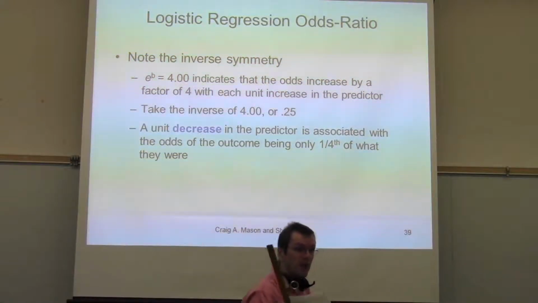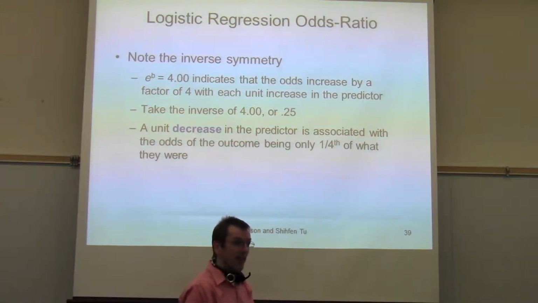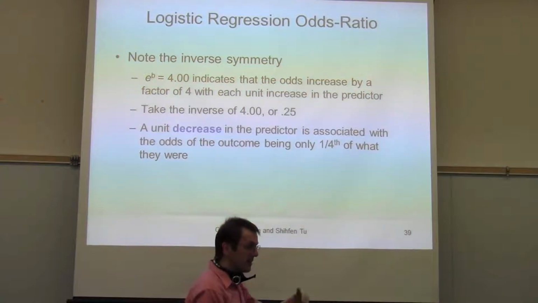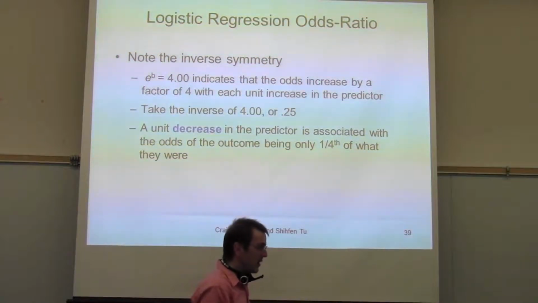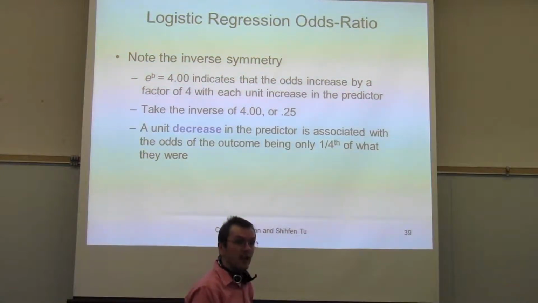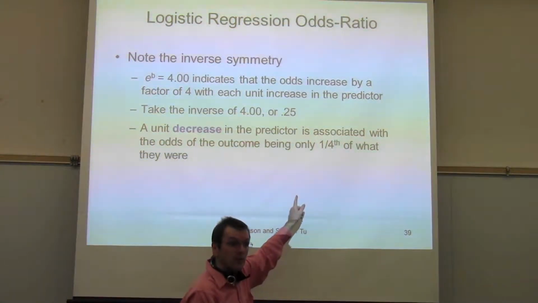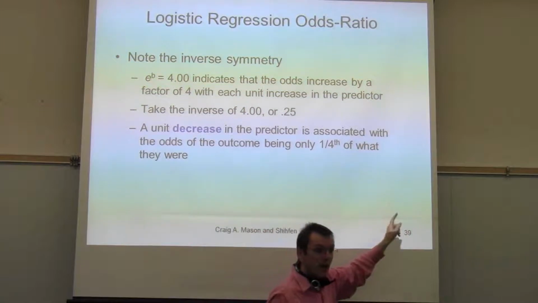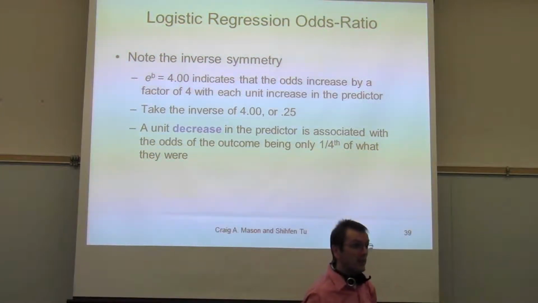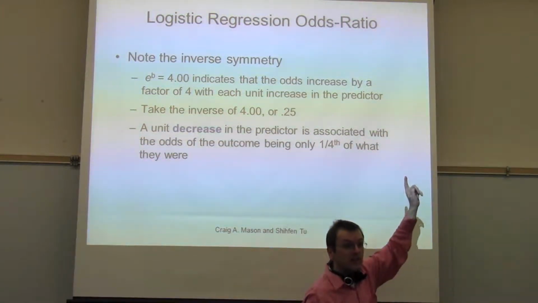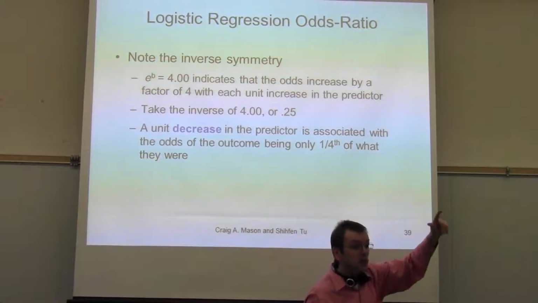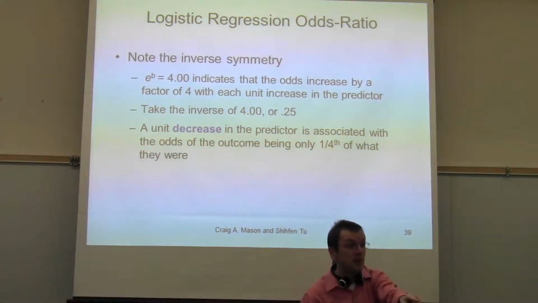So if Philip and I are both here, and we're looking at how many hours we spend partying every week, and the odds ratio is 4, and I spend 1 hour extra partying, my odds of failing this course are 4 times now what Philip's are, because he stayed behind. I've partied 1 extra hour.